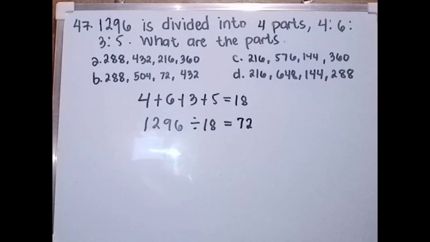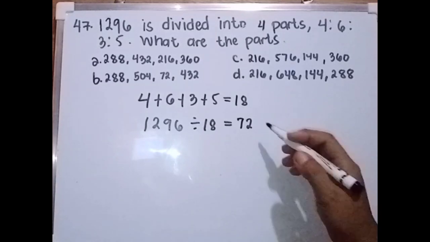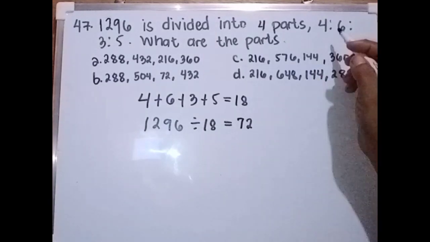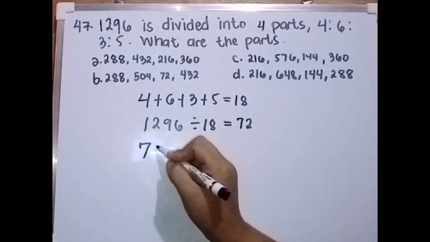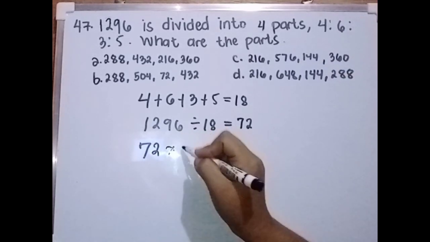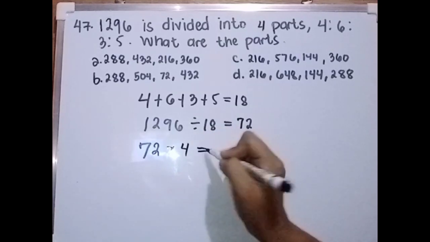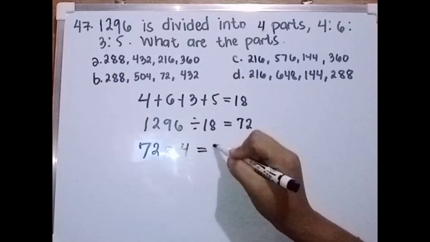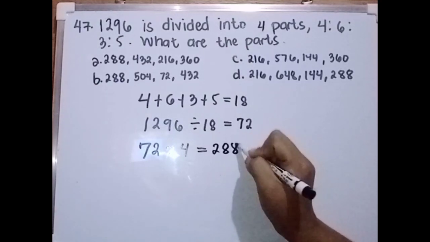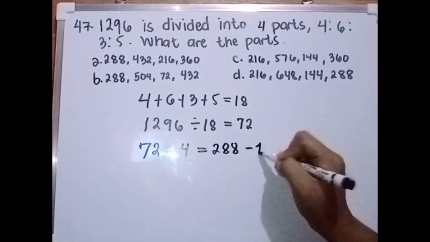To get the parts, we will multiply 72 by the given 4 parts. So first, 72 times 4 is equal to 288, which is our first part.